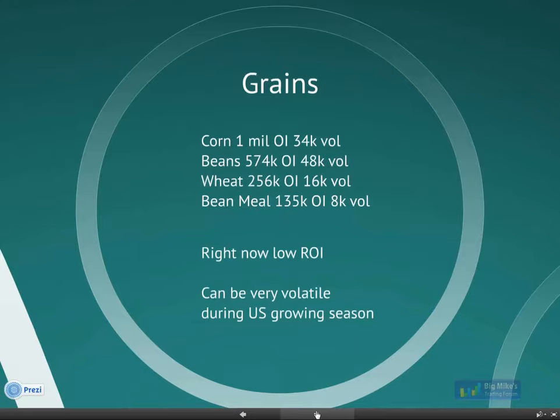That'll improve your return on investment, but it also makes it a lot riskier when it moves around. I mean, a rain or lack of rain, too much heat, too little heat, that all affects it, and the markets are moving on every weather report in the grains. But you can do some stuff there during calmer times.